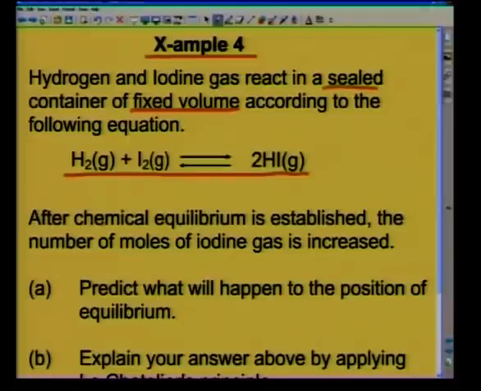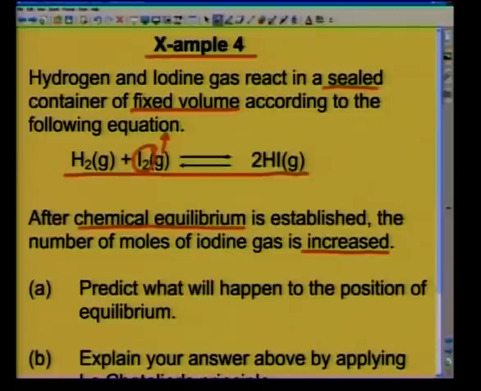After chemical equilibrium is reached, the number of moles of iodine gas is increased. So let's look at where iodine is. Iodine is on the left, and we are told that after equilibrium is established, the number of moles of iodine gas is increased. In other words, you've got equilibrium, then somehow you bring in more iodine moles. So you increase it.